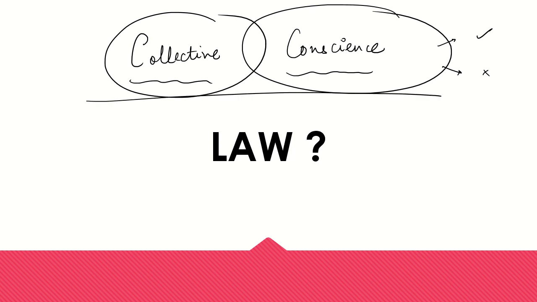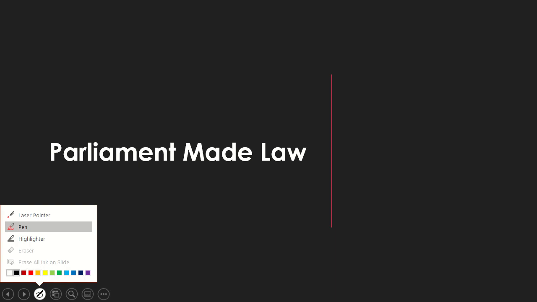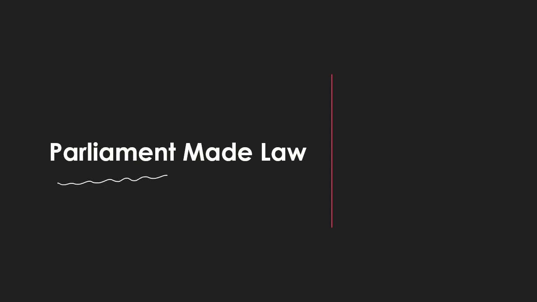So the law in several ways represents or is meant to represent the collective conscience. Okay, I'll talk of a few types of law. The first is the parliament made law. Now we remember what the parliament is. What is the parliament?